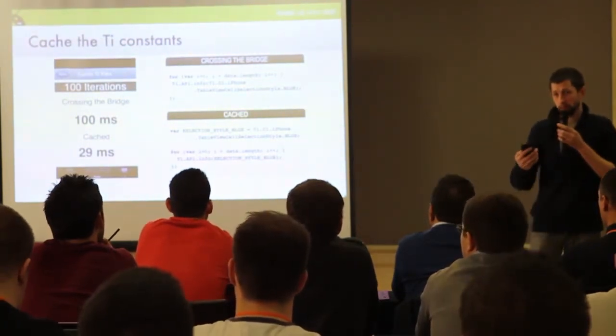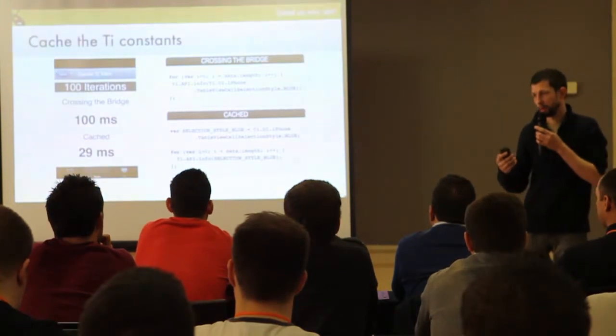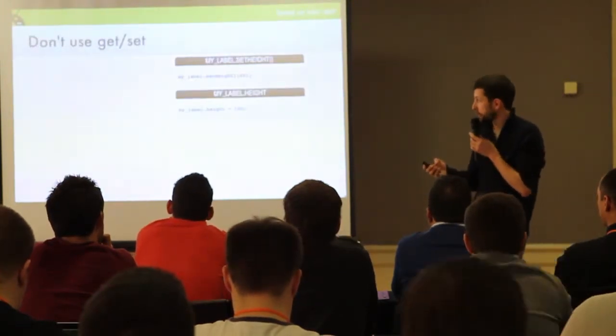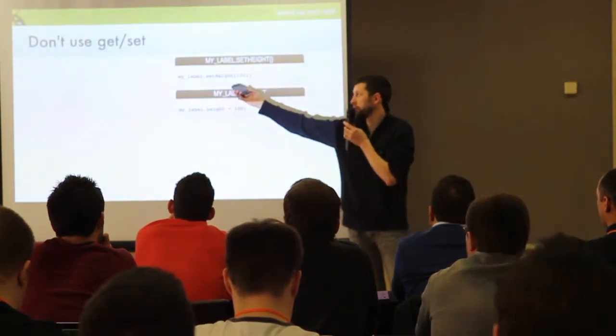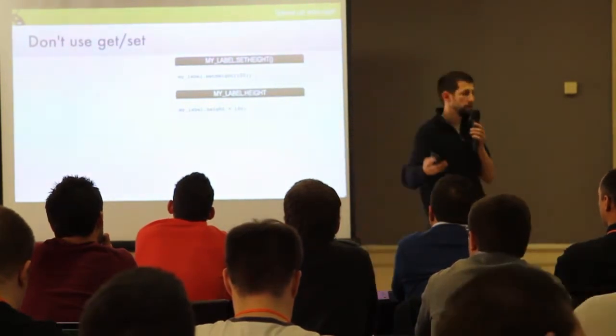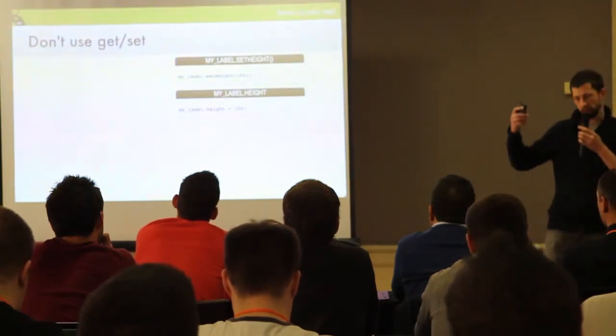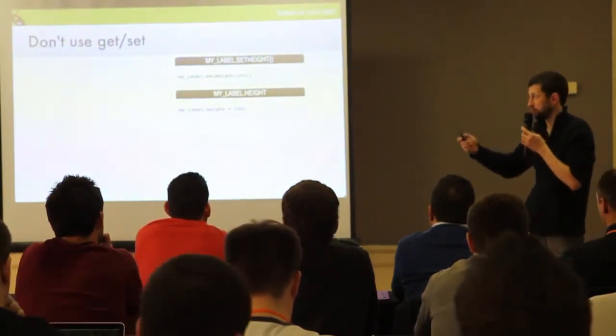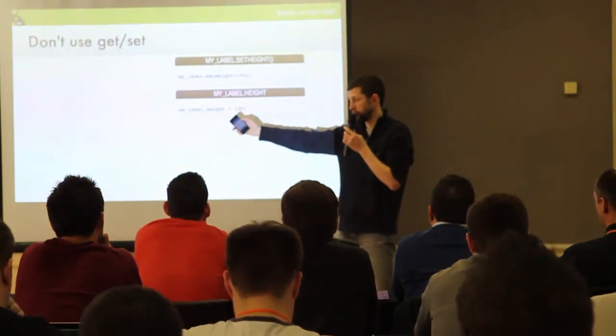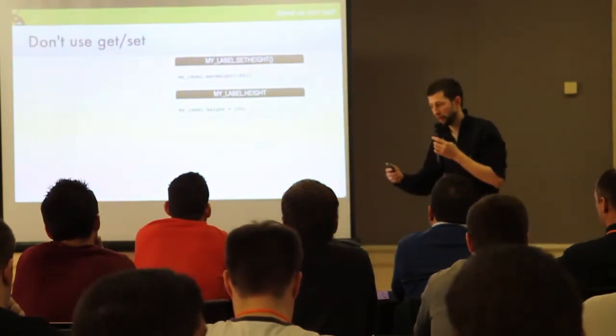How else can you avoid crossing the bridge? Don't use the setters and the getters. So if you have a view and you want to set the color, don't use setColor as a method. Use direct access to its property. Why?